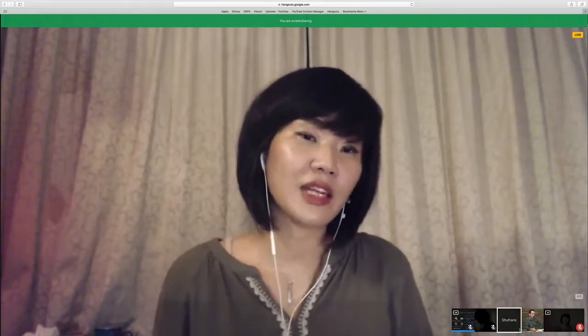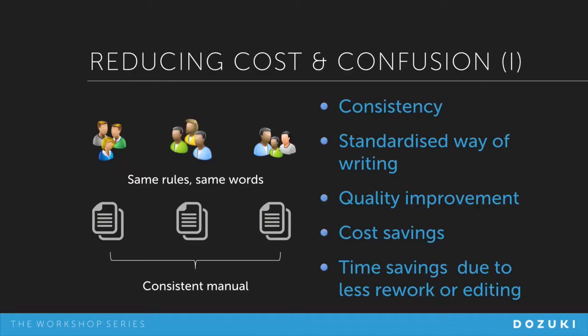Also, if you have a scattered team, like three writers permanently employed in the US, a few content writers in Singapore, and another team in Japan, all of them contribute to the same content. Some of them are professional writers, others could be engineers, it doesn't matter. They all fish from the same pond, they have the same rules and the same words to apply.